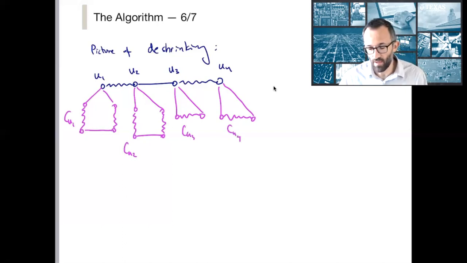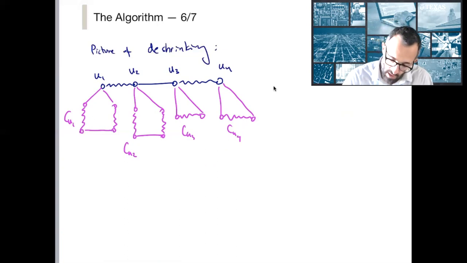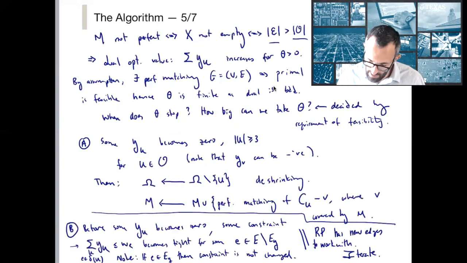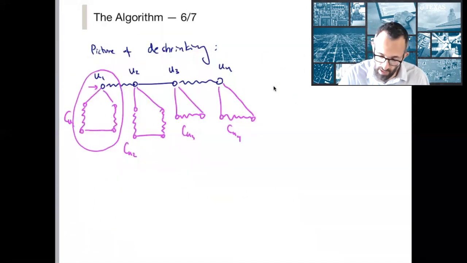And when I'm de-shrinking, let's say I'm de-shrinking U1, one of the nodes, in particular this one in this situation, was already covered by the existing matching. So looking back here at de-shrinking, I said that I expand M with a perfect matching of CU minus V, where V was already covered by M. And we can see what happens here.